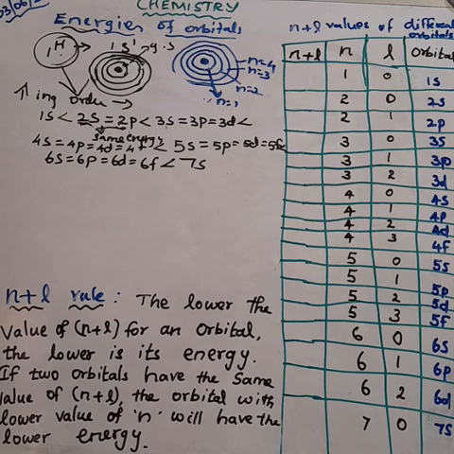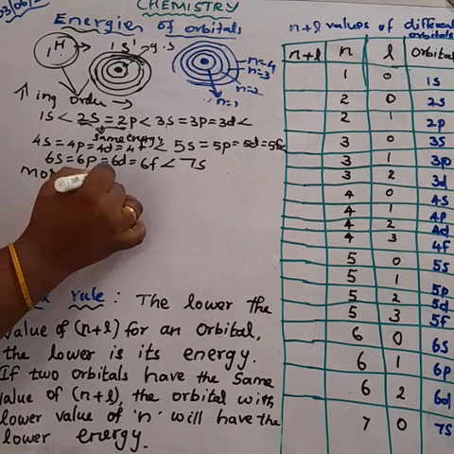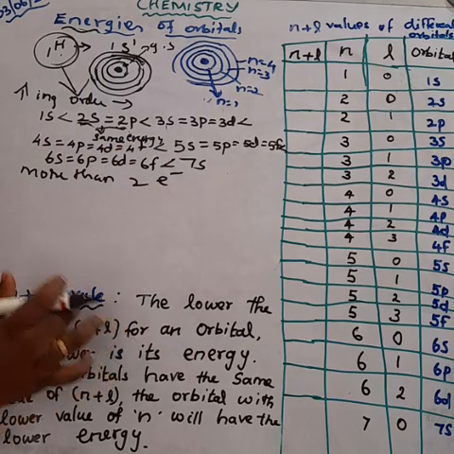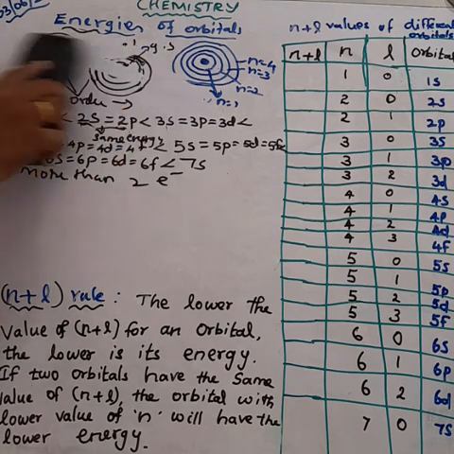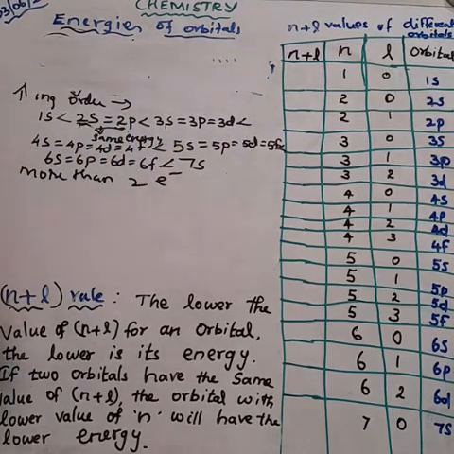But for multi-electron systems, that is, systems with more than one electron, the increasing order of energy levels follows the n plus L rule.